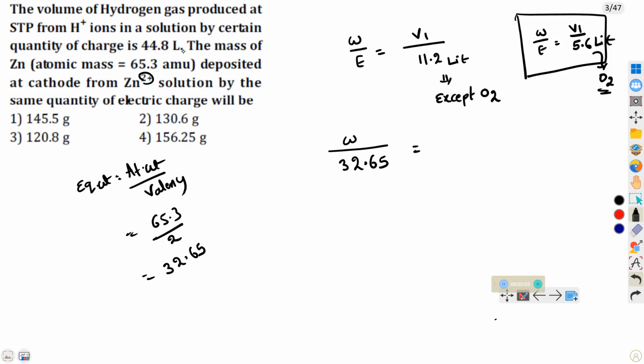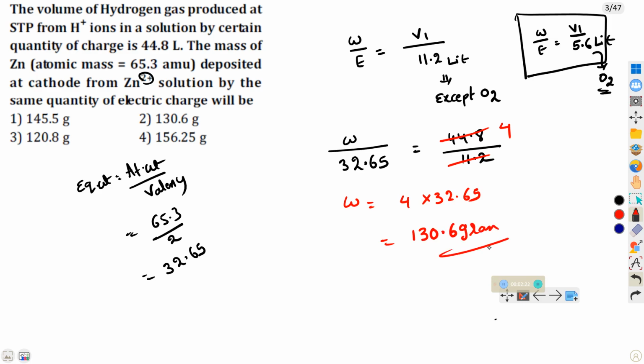V1 is given as 44.8. Divide the whole by 11.2. How many times? 4 times. W is equal to 4 into 32.65, that is equal to 130.6 grams. Second option, correct option.